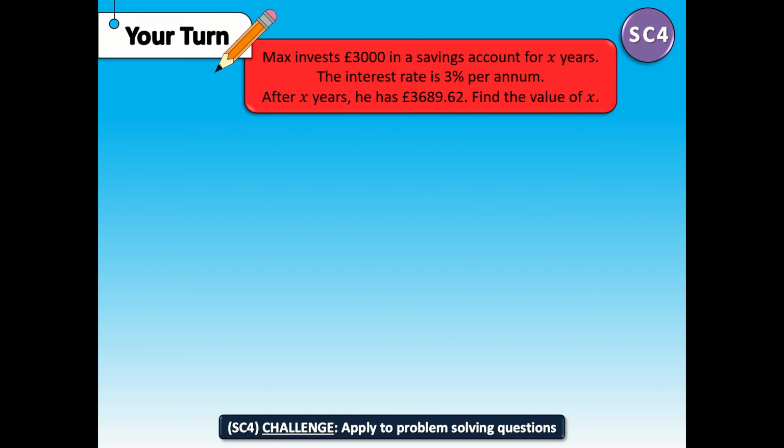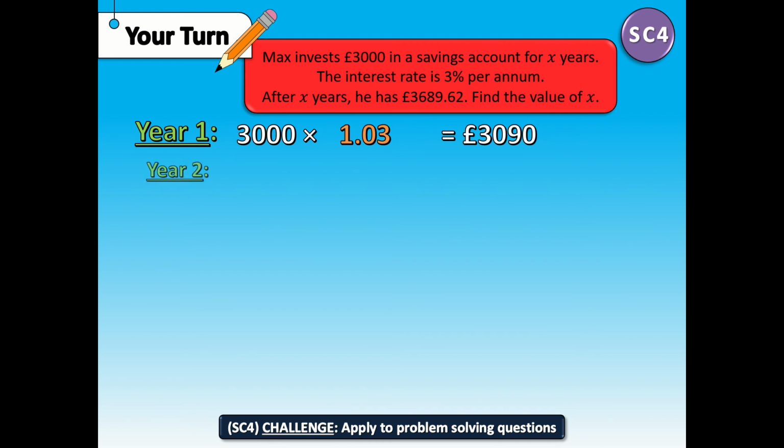So Max invests £3,000 in a savings account for X number of years. The interest rate is 3% per annum, and after X number of years he has £3,689.62. So we want to find the value of X. Now after 1 year, his amount will be £3,090.